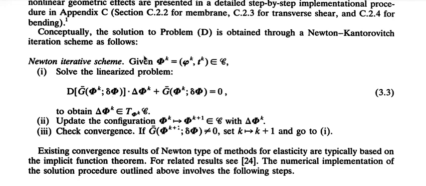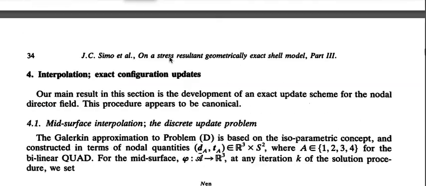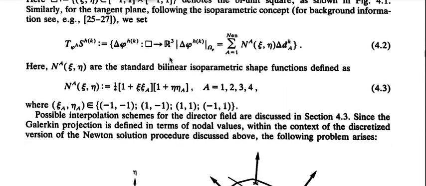We basically want to solve for that change in the shell configuration which corresponds to minimum energy change. That is what is translated as the first variation being equal to 0. So we solve for delta phi k, starting with this given phi k configuration, and then we update the shell configuration from phi k to phi k plus 1 with this recently solved value, and check for convergence. This is called moving along the equilibrium path, and that way we can traverse the entire equilibrium path.